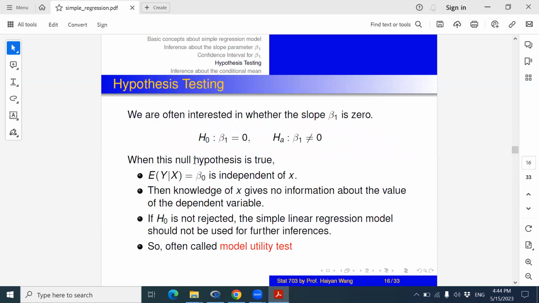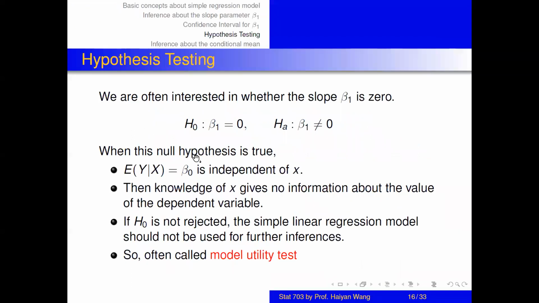For the hypothesis test regarding the slope parameter, we also use the same distribution. Recall in hypothesis testing, we always have the current belief and also what we want to find evidence for.